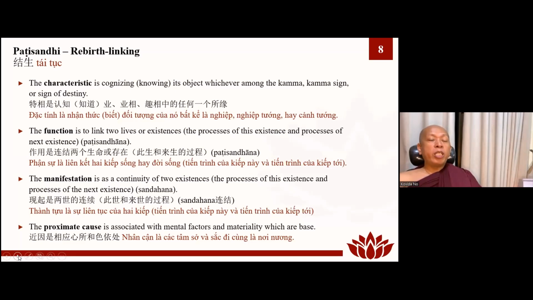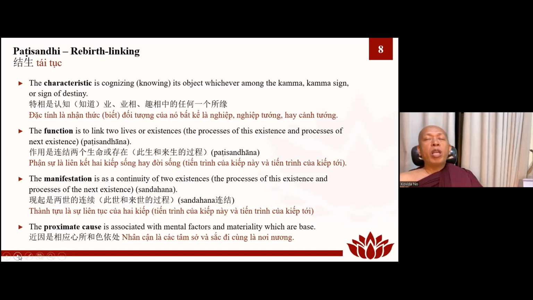Actually, we have to explain karma, karma sign, and sign of destiny, right? Karma means we have done many things in the past. It will appear as real at the moment of death. Karma sign means at the time we do it, there are many assistants when we are accumulating or performing the karma.